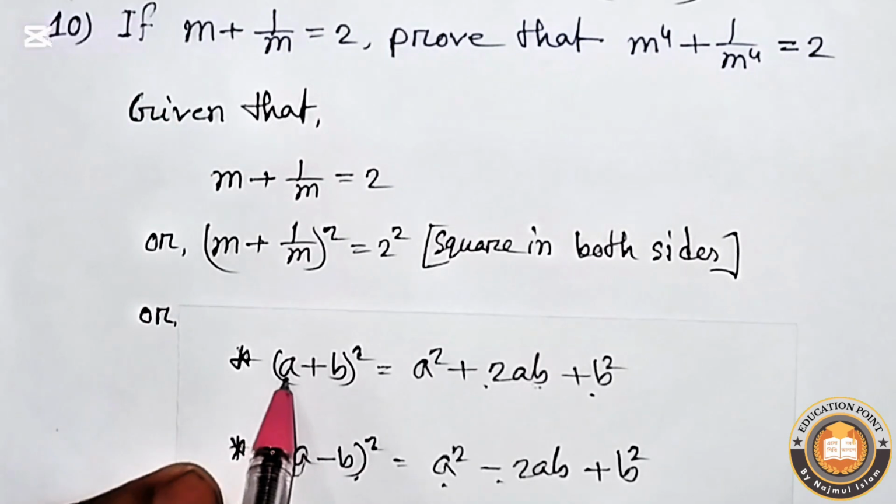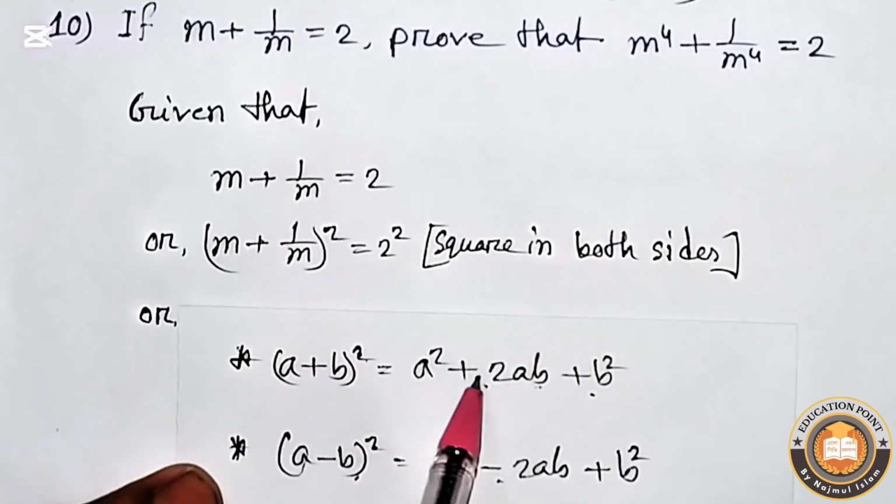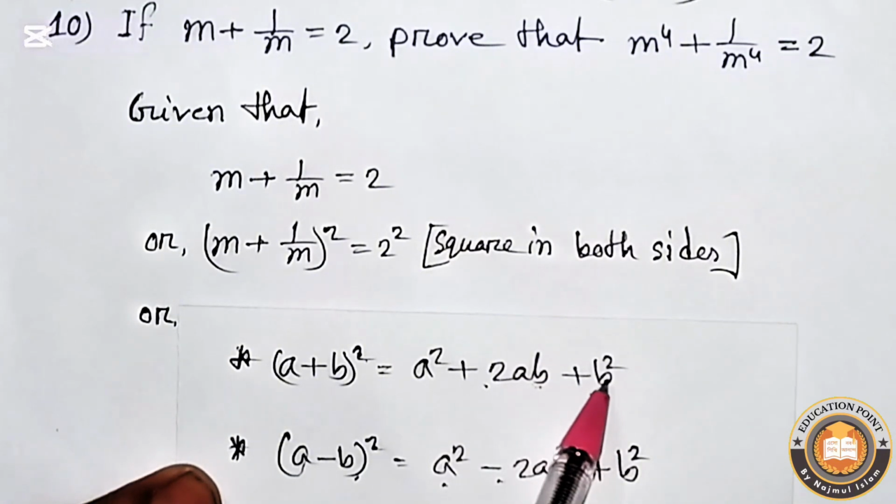Here we will apply the formula of a plus b whole square, that means a square plus 2ab plus b square.